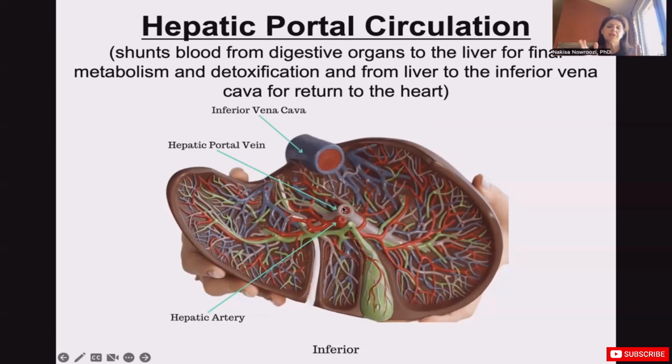Your hepatic portal circulation has the superior mesenteric artery and inferior mesenteric artery. These are bringing the blood from the intestines. You have the splenic artery, and together they merge into the hepatic portal vein to get into the liver. This is the gallbladder.